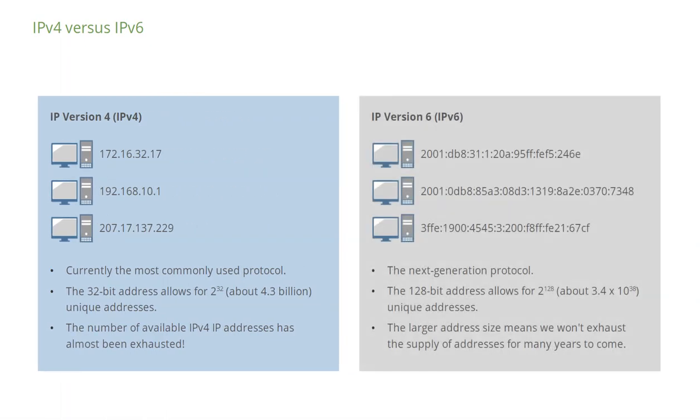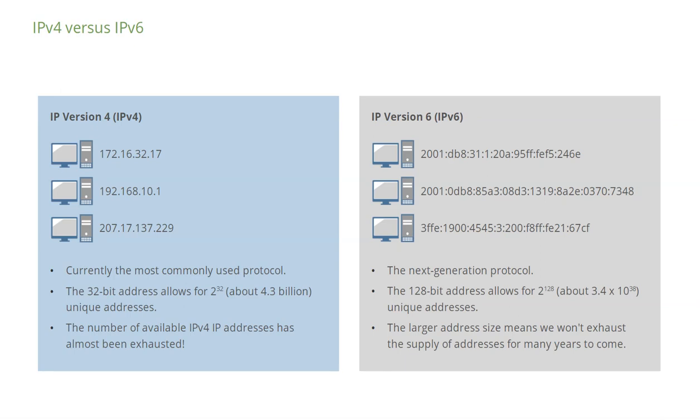The major difference between the two is the size of the address. IPv6 addresses are much larger, 4 times larger than IPv4 addresses in fact. The larger address size means we won't exhaust the supply of addresses for many years to come. In fact, in IPv6, just one /64 subnet has more addresses than the estimated number of grains of sand on all the beaches on the Earth.